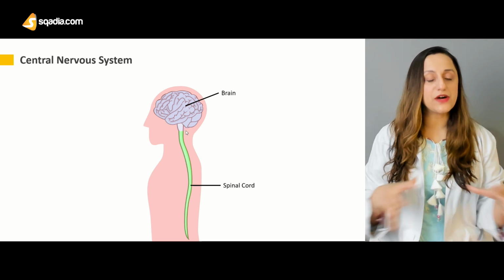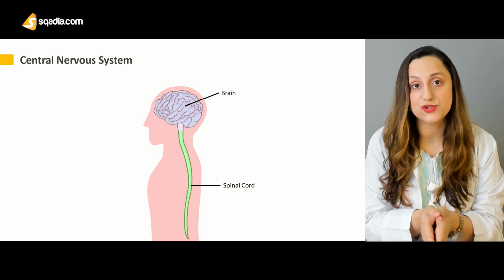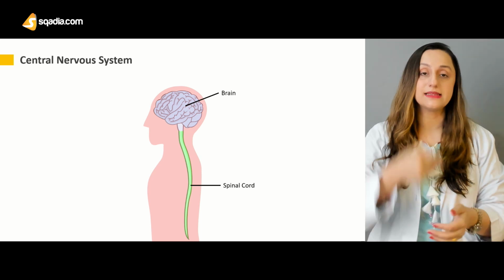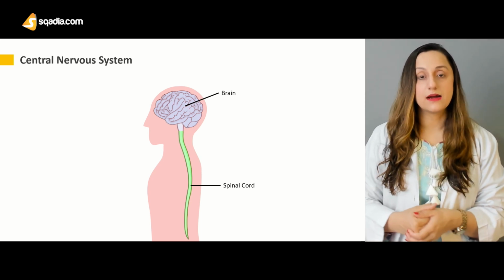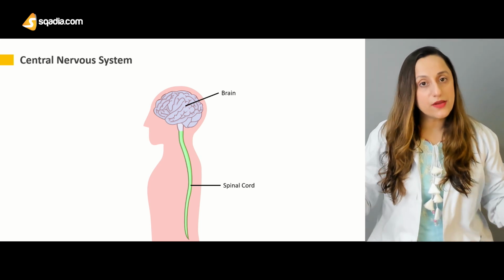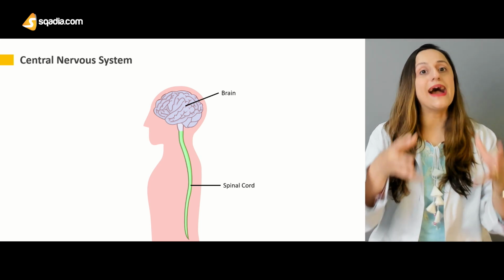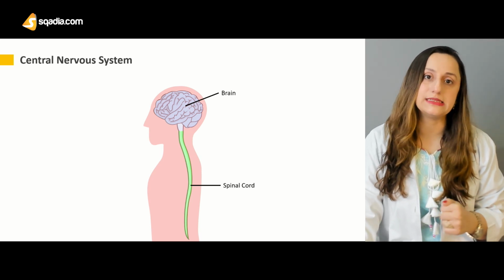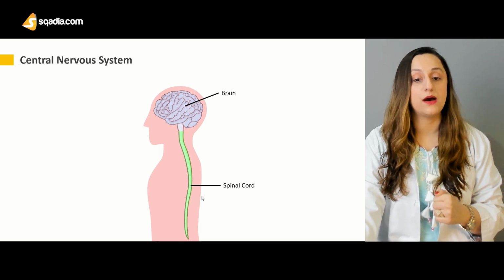Now, the basic function of the spinal cord is to relay messages towards the higher centers of the brain. And then a command is sent back to the effector organs. So there is an input and there is an output to our central nervous system, and this input and output is basically created by our spinal cord.